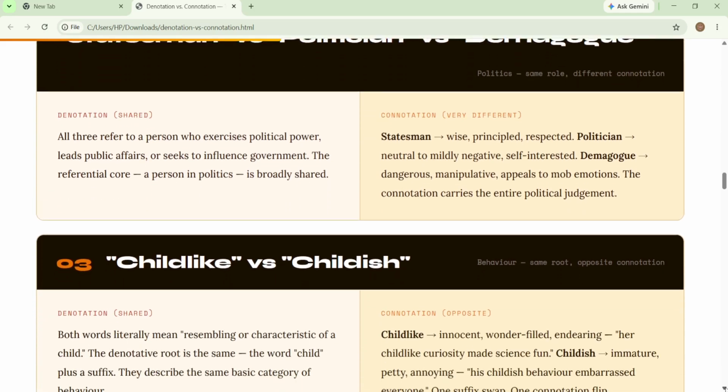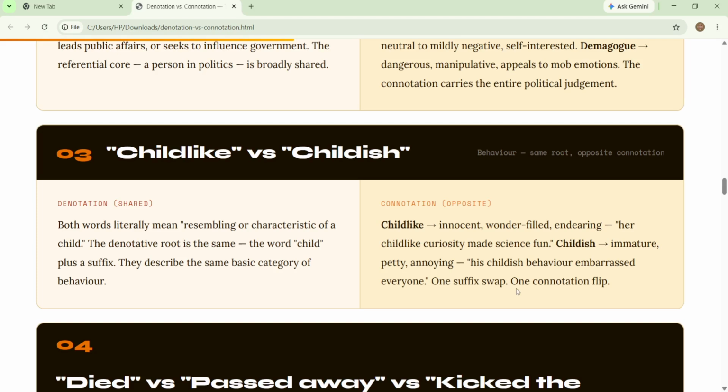Moving forward to the next, childlike versus childish. The denotation shared by both is resembling or characteristic of a child. The denotative root is the same, the word child plus a suffix. They describe the same basic category of behavior, whereas the connotation is opposite.